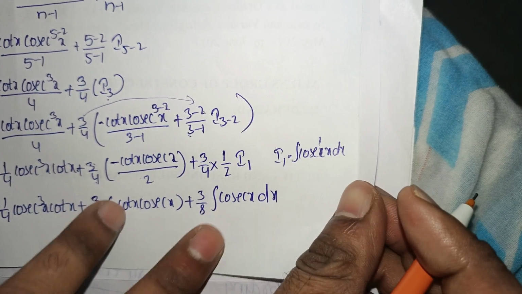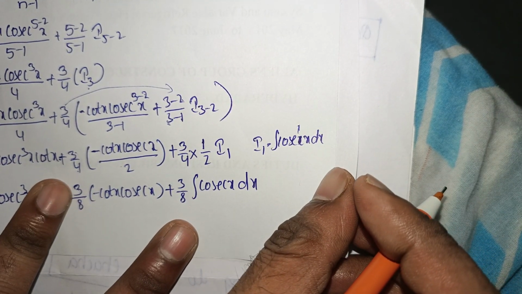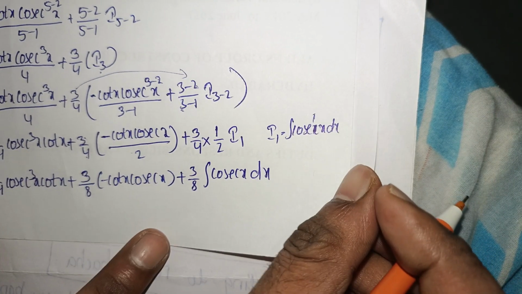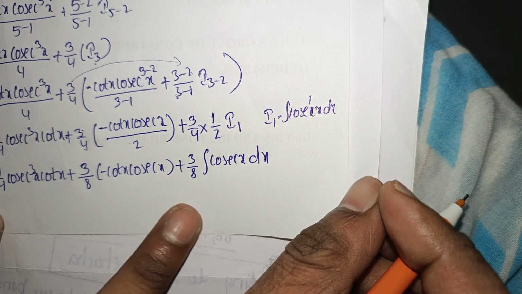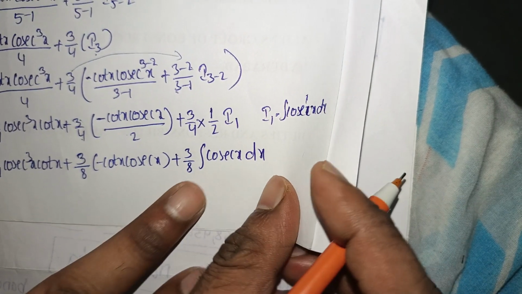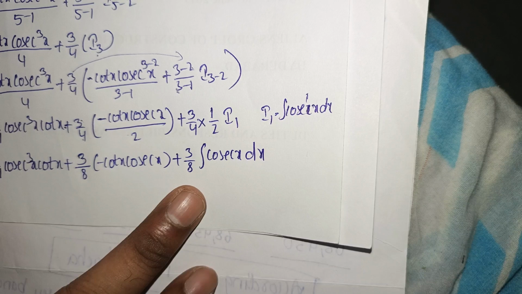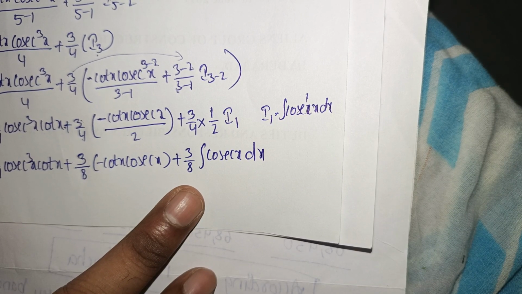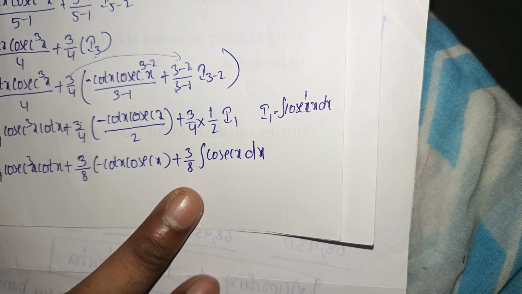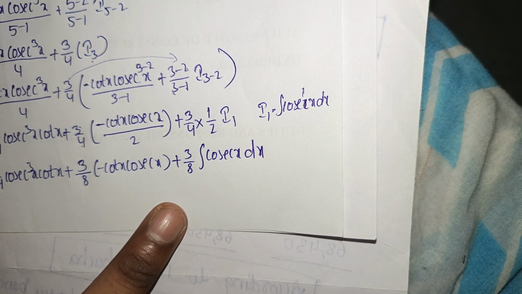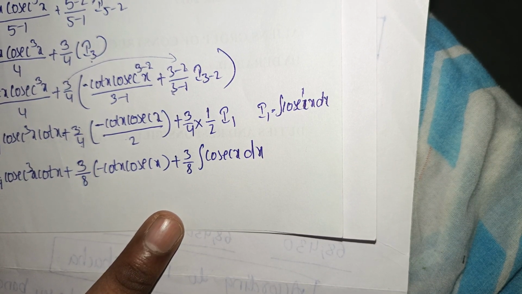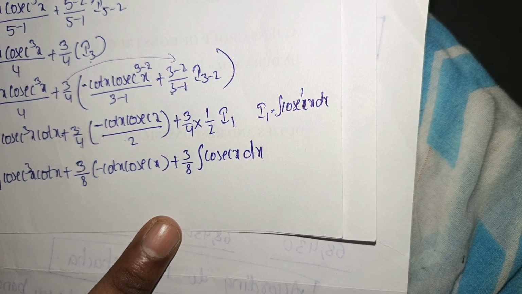Actually, we have to find the integration of cosecant x dx. I'm writing it down directly. The integration of cosecant x dx is log of tan x by 2 plus c.